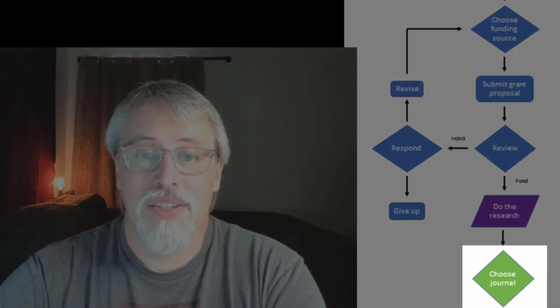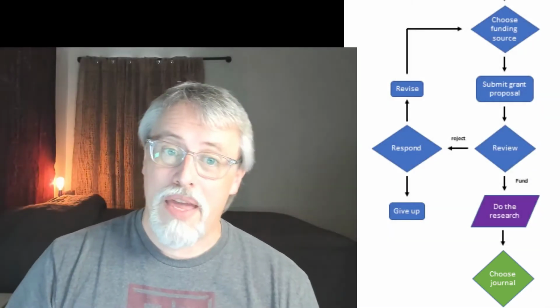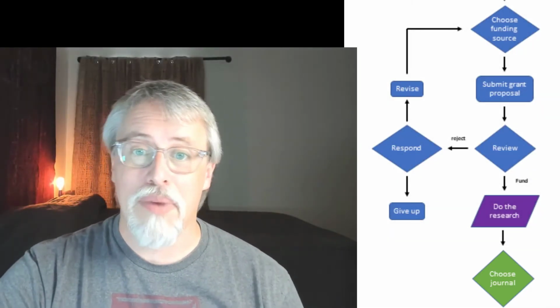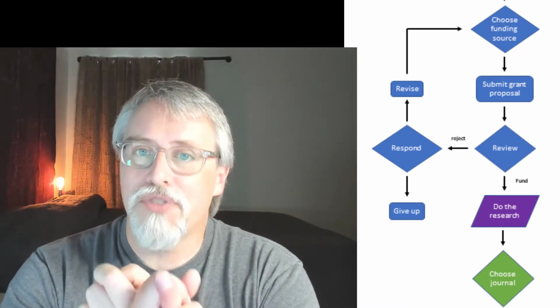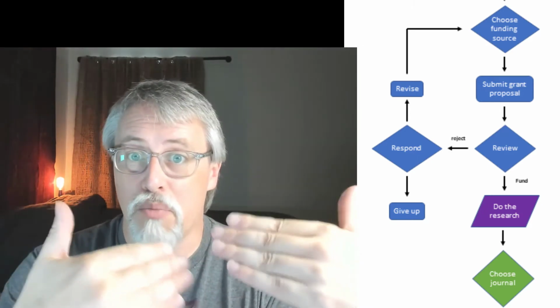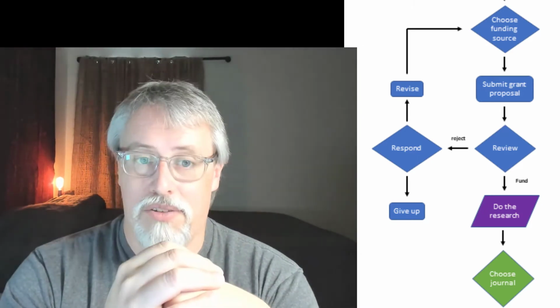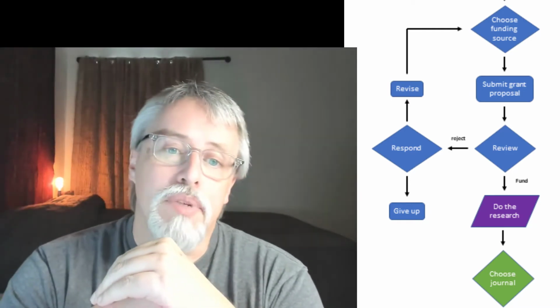There's a lot to consider in that decision, far more than I can squeeze into a single video. However, some of the things you'll want to think about are which journals are the best match for your research questions and approach. Of those, which journals are more prestigious in the field than others? Which ones are most likely to accept your manuscript?